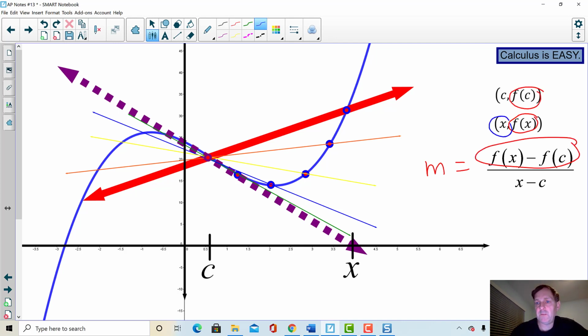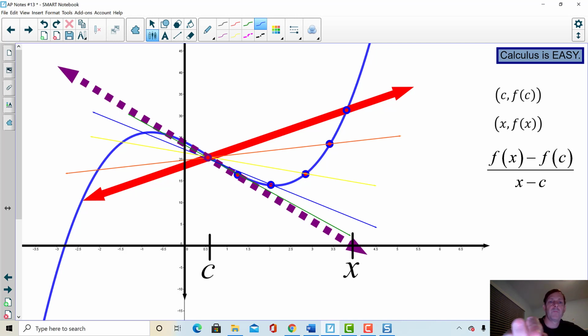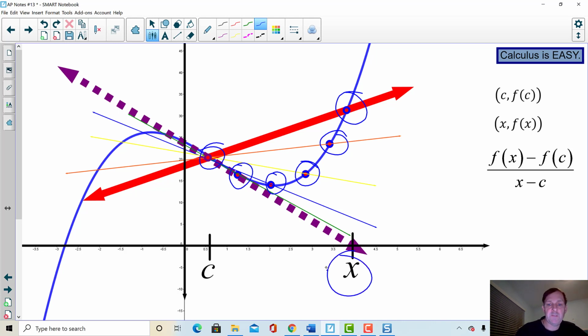Then we want to do x2 minus x1, and that goes on the bottom. Again, this is just the slope of that red secant line. What we want is the slope of that dotted purple tangent line. So we need this point to get closer and closer and closer to the point of tangent c. So we're going to need to take the limit as x goes to c.